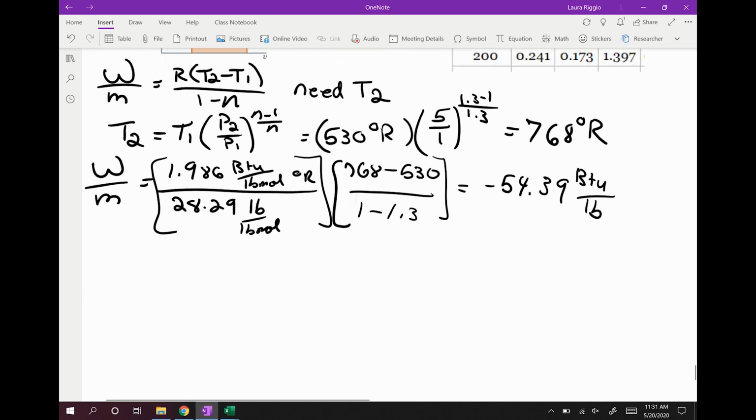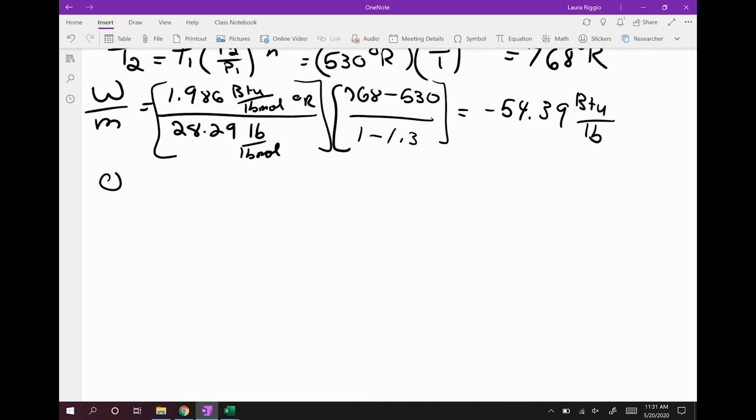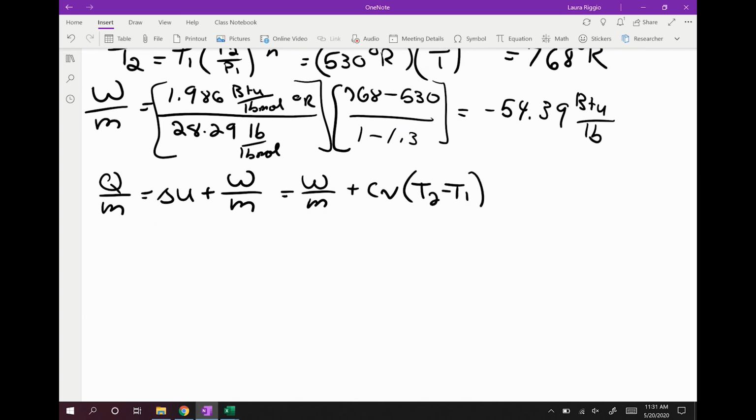To find my heat transfer, since there's no kinetic or potential energy changes, I'm going to use my energy balance and get that my heat transfer is equal to my change in internal energy plus my work. Since the problem says to assume constant specific heat ratio, my heat transfer is equal to my work plus cv times (T2 minus T1).